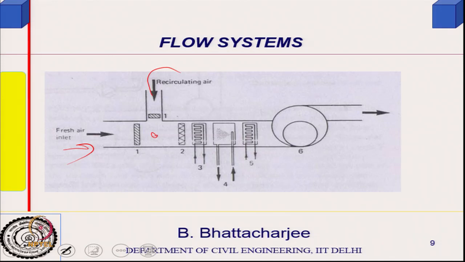Then, depending upon the situation, there is a cooling that is occurring here, and this is the evaporator of the refrigeration system that I talked about. So, the evaporator is kept here, the rest of the system is somewhere there. The cooling would actually occur here.